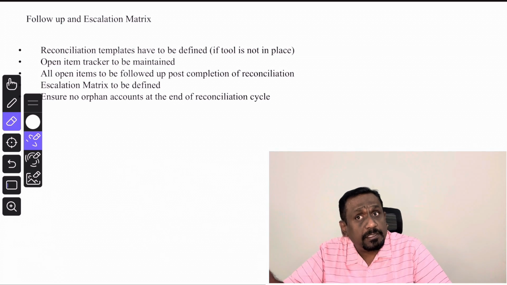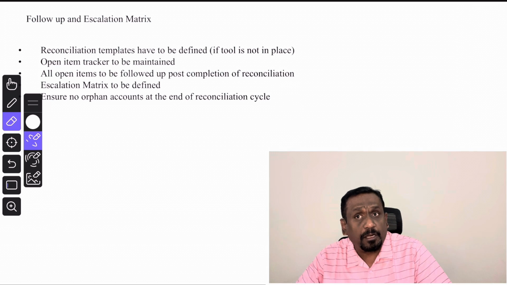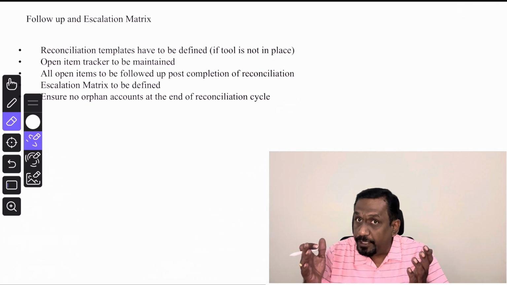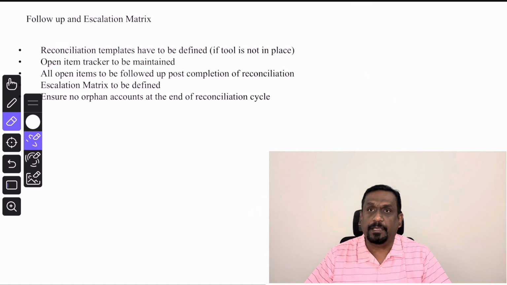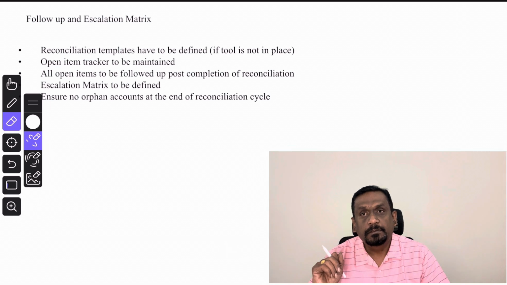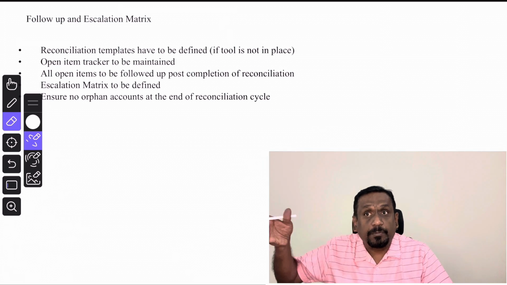When did you do the second follow-up? When did you do the third follow-up? After doing 3 follow-ups, if you did not get any response from the counterpart, you need to escalate. Right? So these columns are a must.